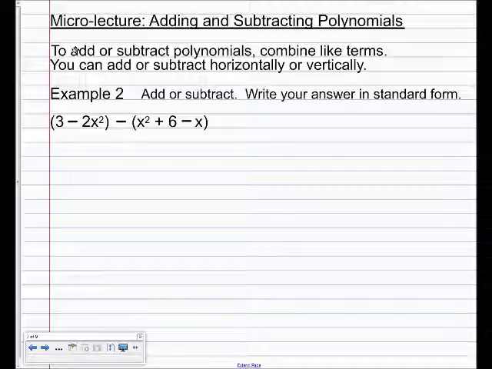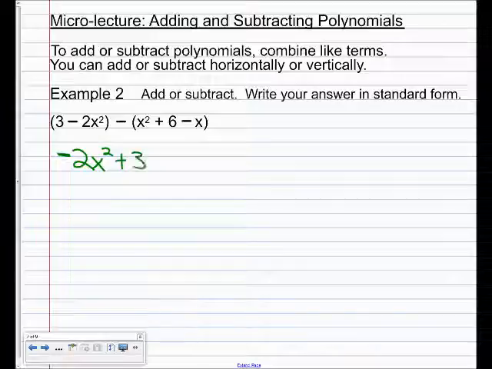When I read 3 minus 2x squared, immediately an alarm bell goes off in my head. It's not in standard form. Some people set alarms to wake up. I set alarms for standard form. So here we go. Negative 2x squared plus 3.